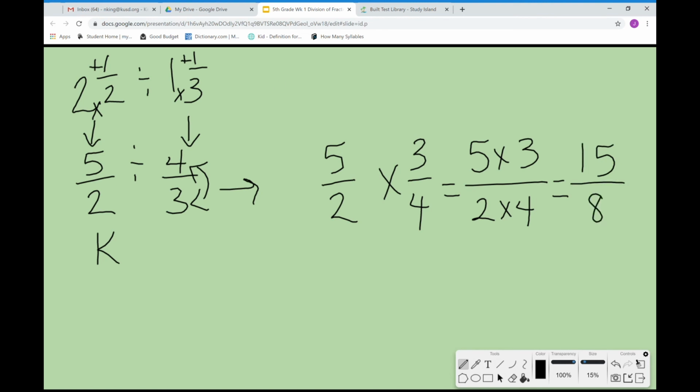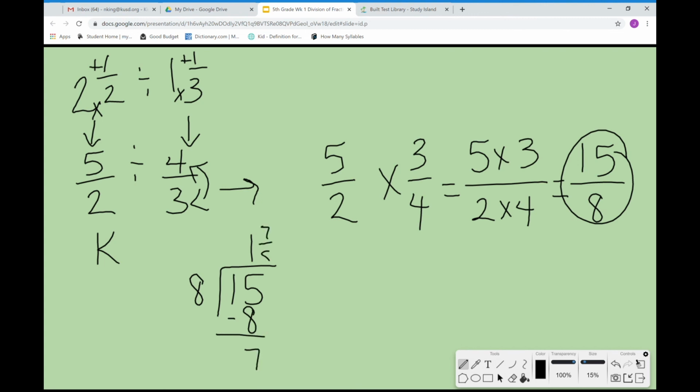Now we have to convert the improper fraction into a mixed number by using division. 15 divided by 8 equals 1 7/8. So 2 1/2 divided by 1 1/3 is equal to 1 7/8.